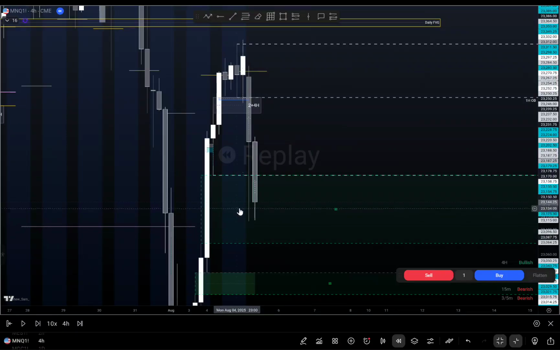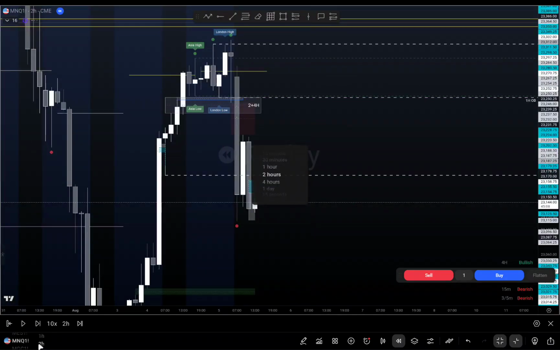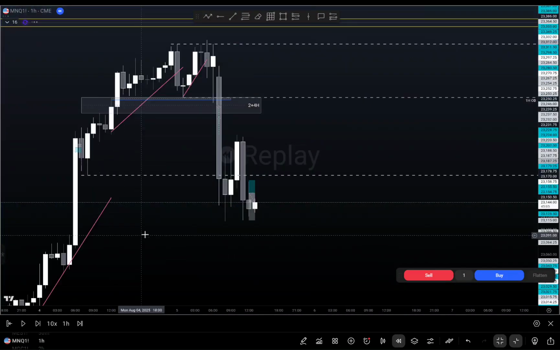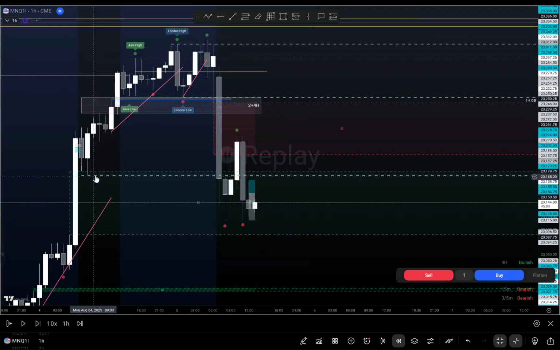This is in this case the midpoint of a 4-hour fair value gap, and of course met with 1 hour sell side liquidity here. But what it's going to do before that is manipulate.